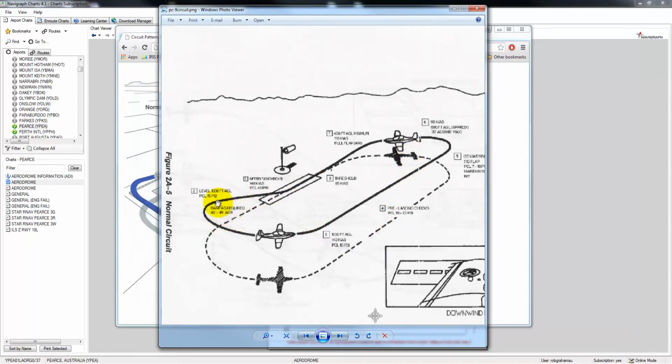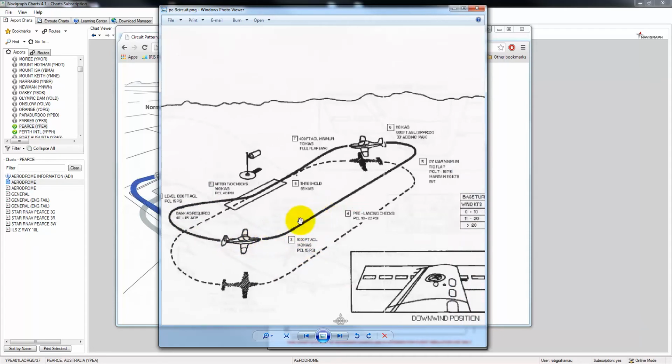Once we level off, we should pull back to about 15 psi on our torque. Maintain a 40 to 45 degree angle of bank through the turn. Maintain 140 knots indicated airspeed. Do our landing checks, such as making certain we're all ready, which we'll cover in a minute.